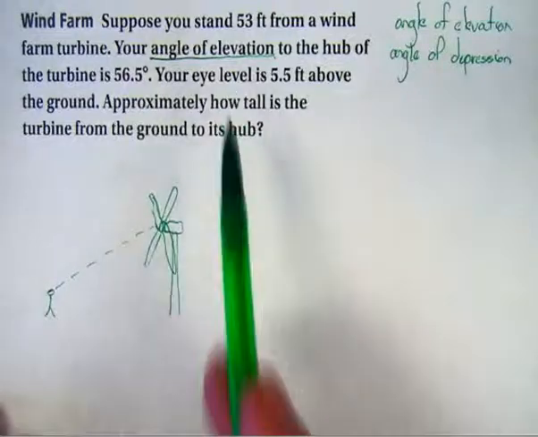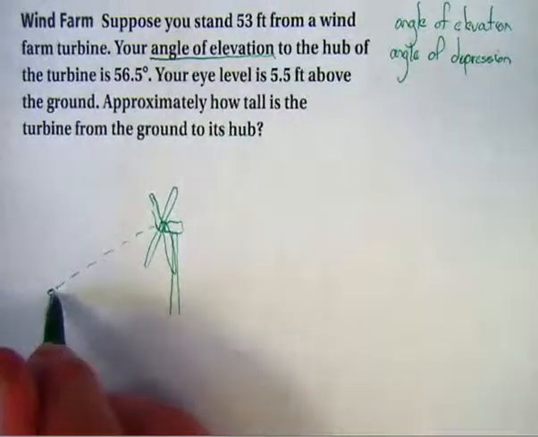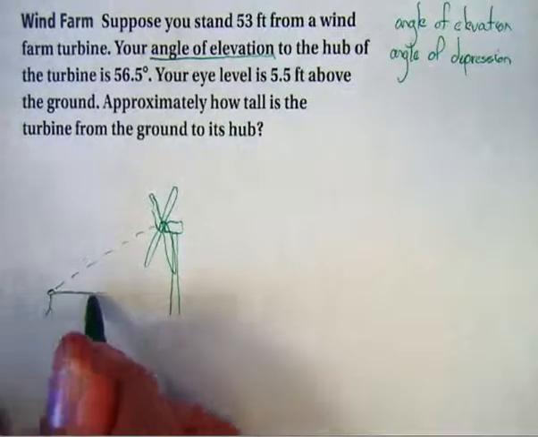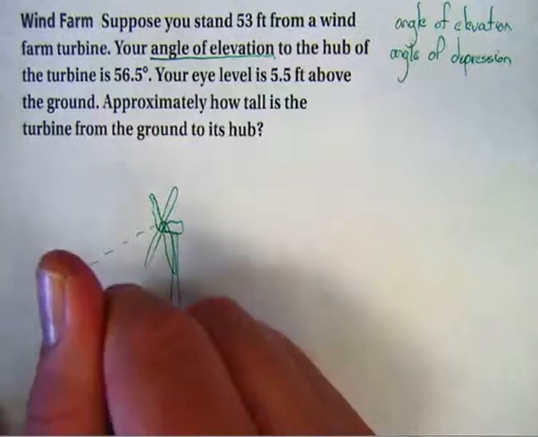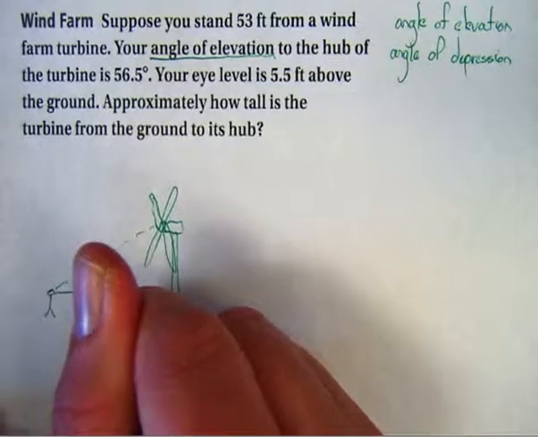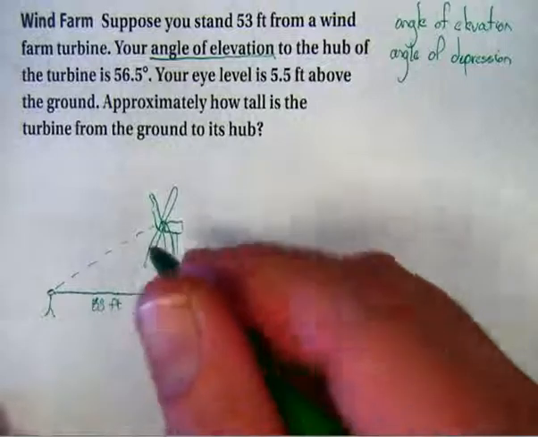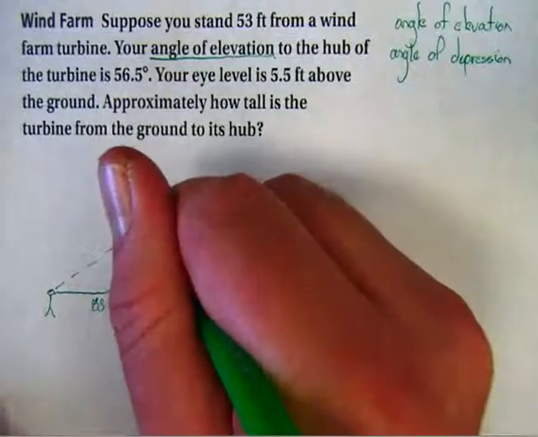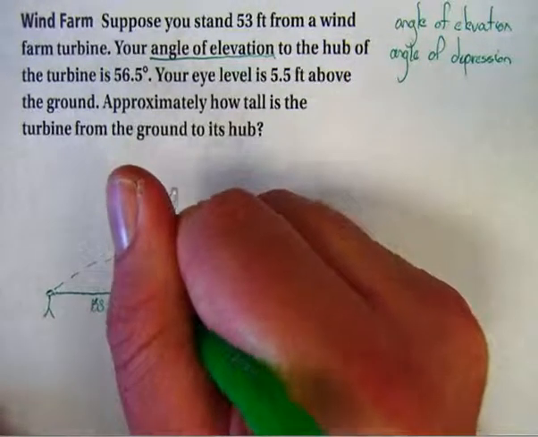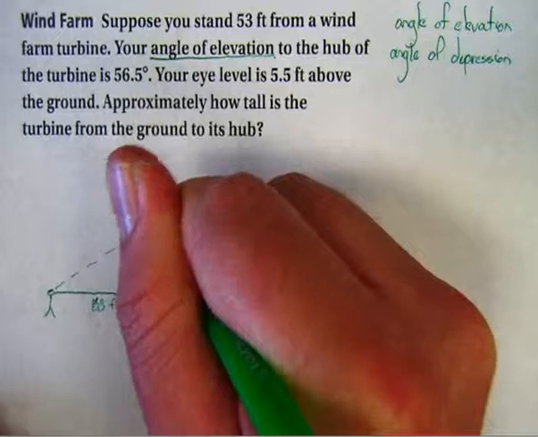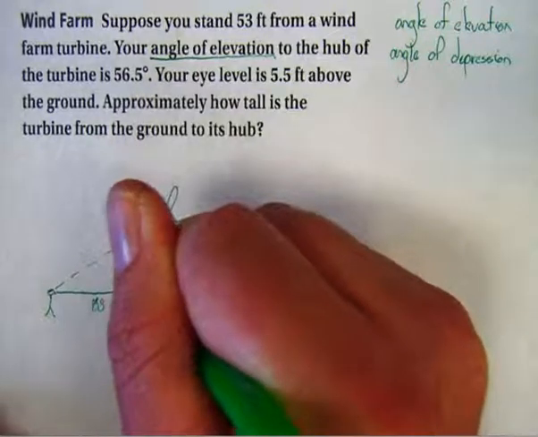And we are told that we're 53 feet away. So if I draw out a triangle this way, I know that distance is 53 feet. And we are asked how tall the turbine is from the ground to its hub. So we want to know this distance right here.